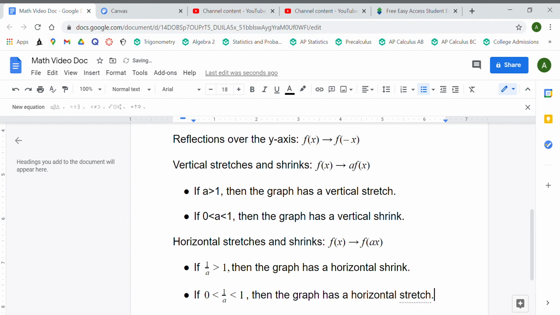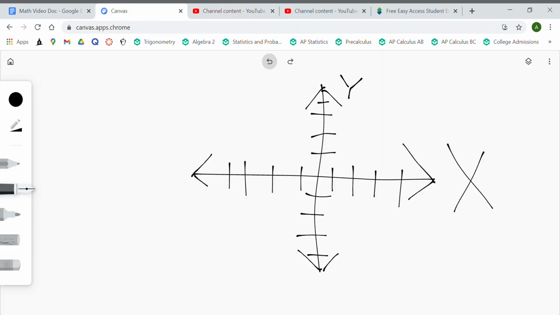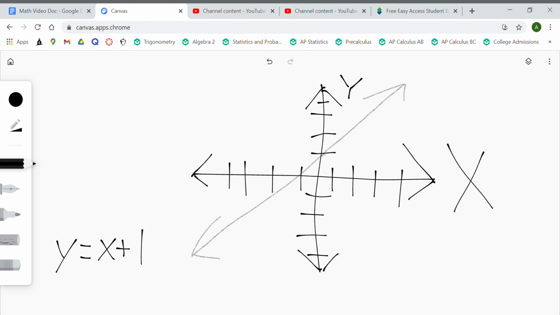Okay, so let's try it out. We're going to do y equals x plus 1, just to give a challenge. Alright, so we're going to graph the equation.